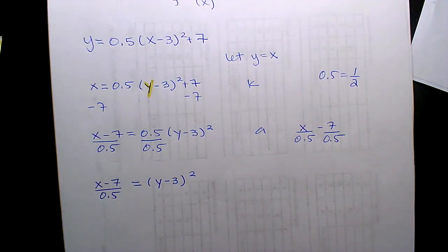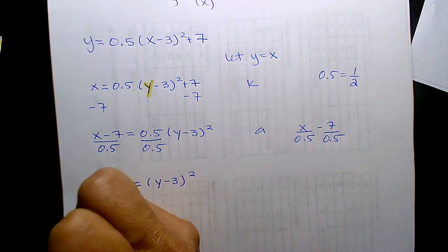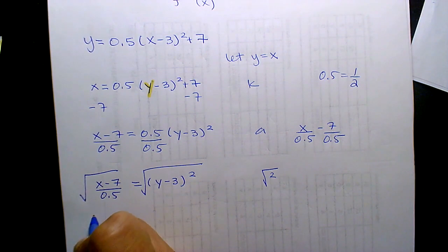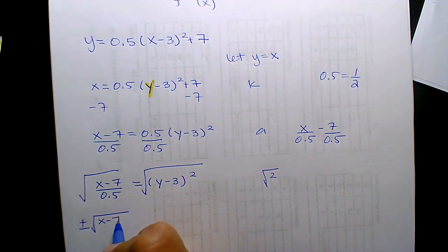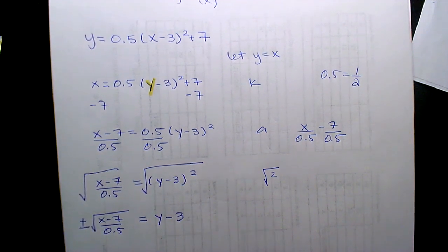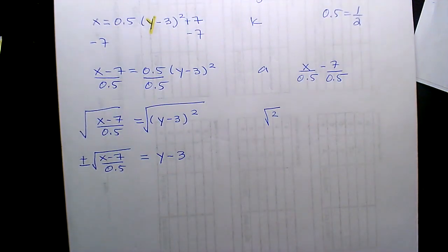Okay, what's the next step? The square root, yeah? So you're going to square root, right? They're inverses of each other. So I get plus or minus the square root of (x minus 7) over 0.5 is equal to y minus 3. And then lastly, what is it?